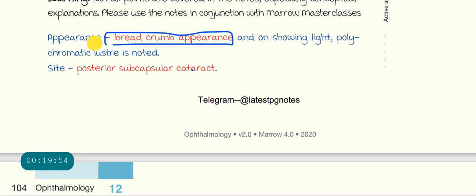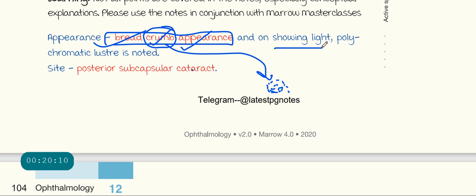The crumbs mean small particles of bread. Small particles of bread scattered inside the eye, it looks like that. On showing the light inside the eye, this appearance is seen.